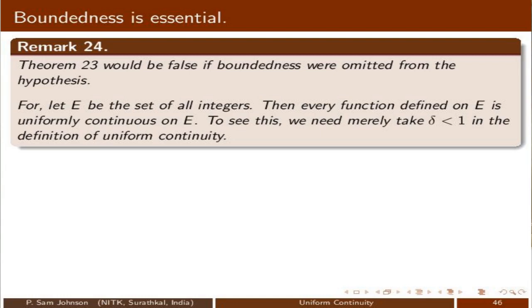So in this set, any function is uniformly continuous, because we can take any number less than 1 as delta for the definition of uniform continuity. So the set is unbounded, but every function defined on the set is uniformly continuous.